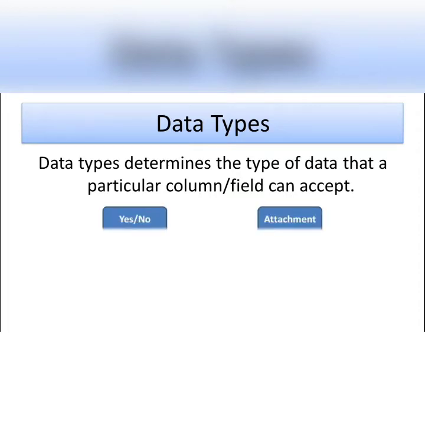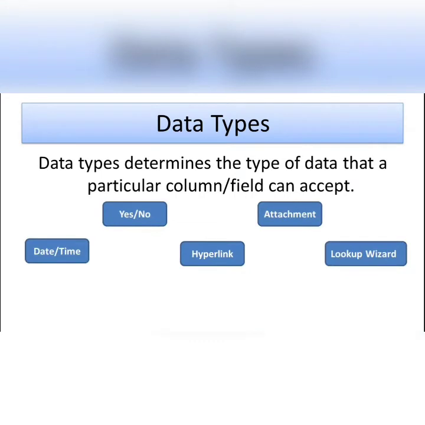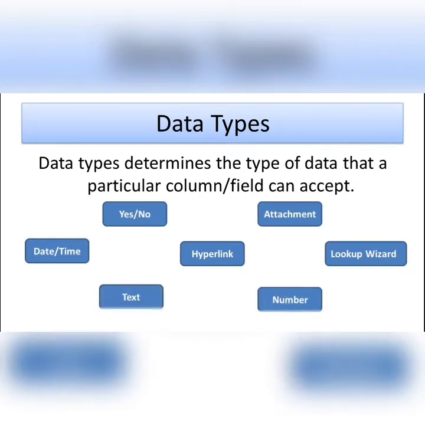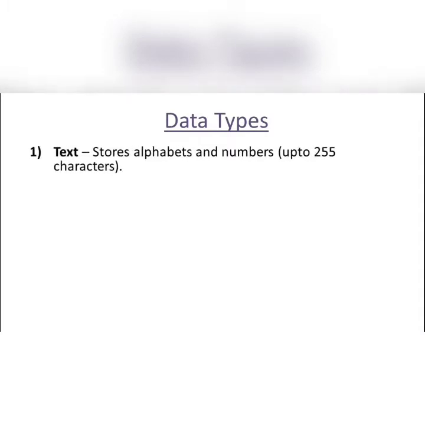In LibreOffice Base there are many types of data which are already installed, and you can update that. For example: yes/no, attachment, date type, hyperlink, lookup wizard, text, number. These are the types of data which are used to make a data type.